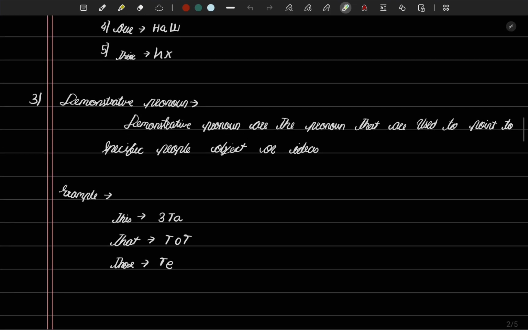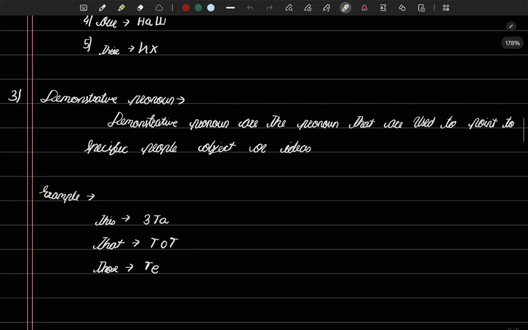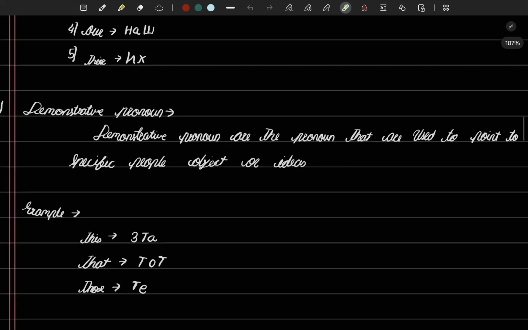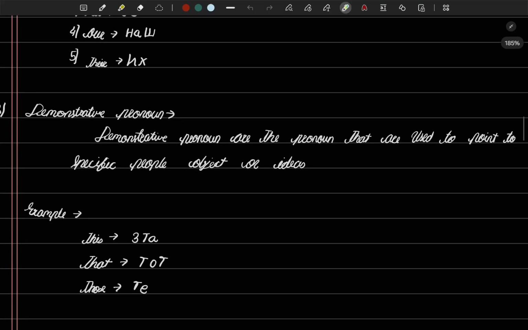Now the third one is demonstrative pronoun. The demonstrative pronouns are the pronouns that are used to point to specific people, objects, or ideas. They are used to show or indicate which person or thing we are talking about.